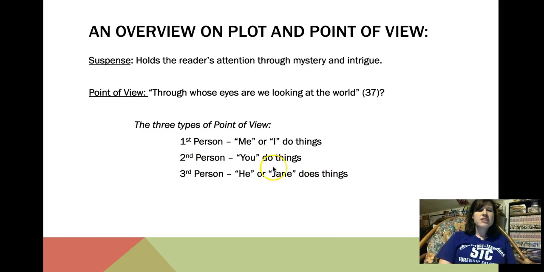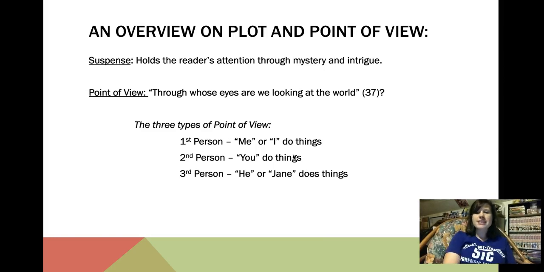And then second person is the least popular because it's the most uncomfortable. And what I mean by that is that we rarely see text written in second person because second person involves the pronoun you. Probably my favorite example of second person is Chuck Palahniuk. He wrote the book Fight Club, which was a movie in the 90s.